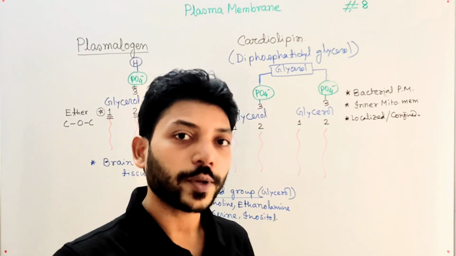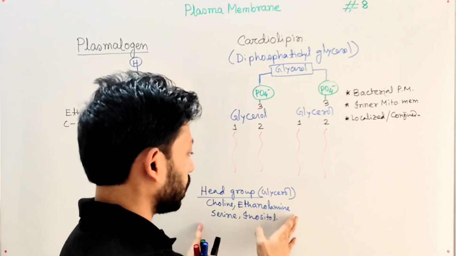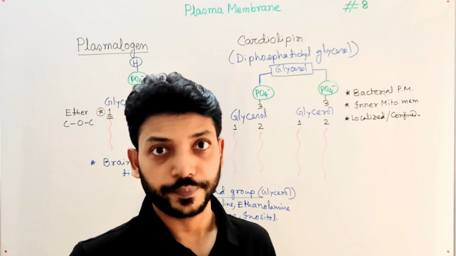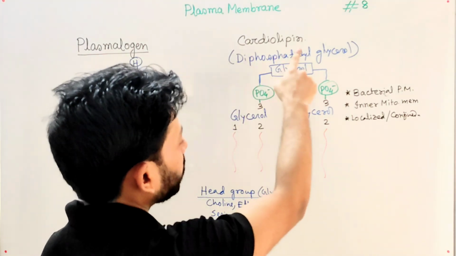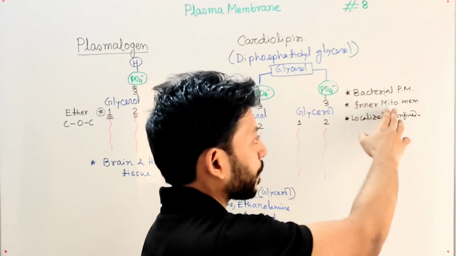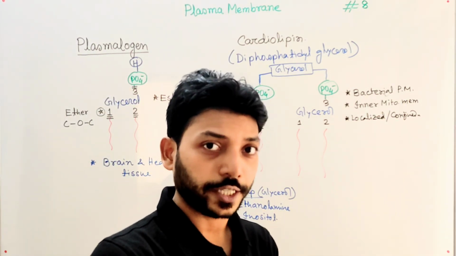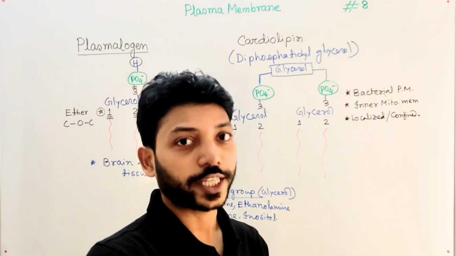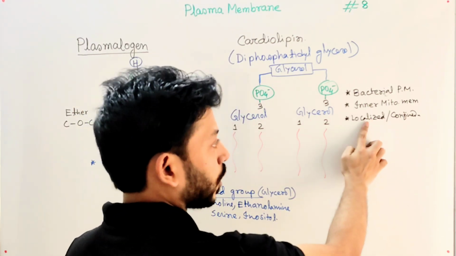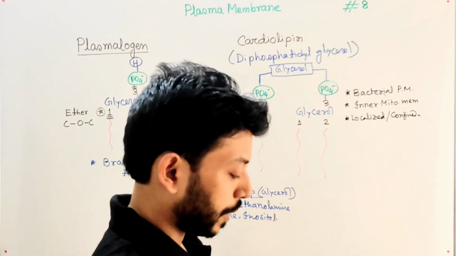From the endoplasmic reticulum, these lipids are transported to the other organelles or the plasma membrane. But cardiolipins are generated in the inner mitochondrial membrane and are localized or confined there. A very little amount of cardiolipin is exported to the other organelles. So it is very localized and confined to the inner mitochondrial membrane.